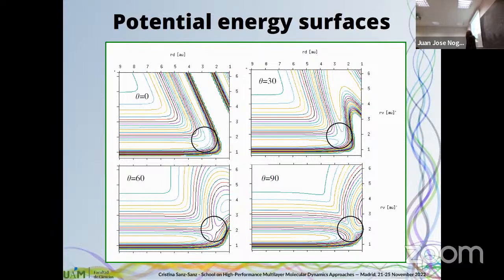So if we want to reach the output channel, the reaction might want to go like this. But we don't choose that, because we create a wave packet, and it might include certain orientations of the molecules.